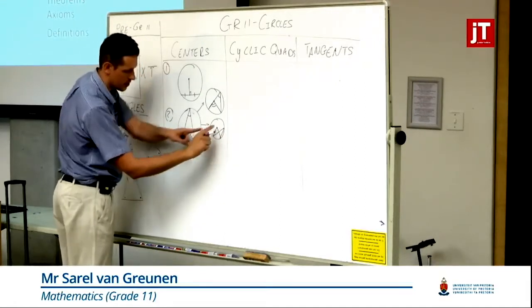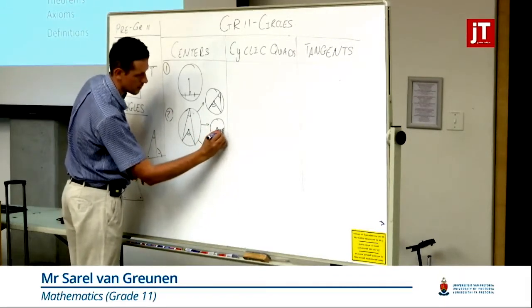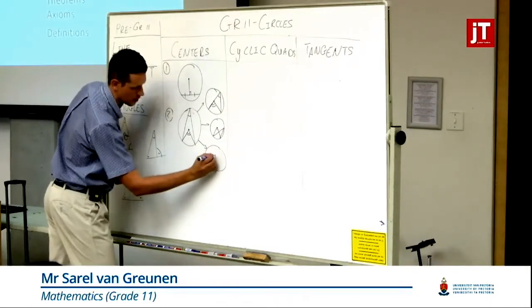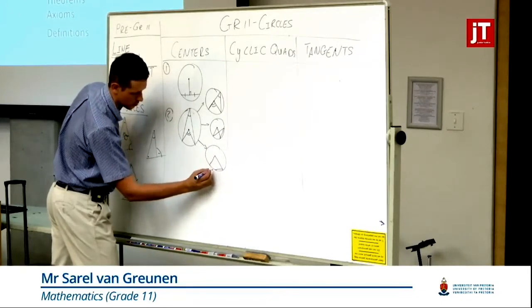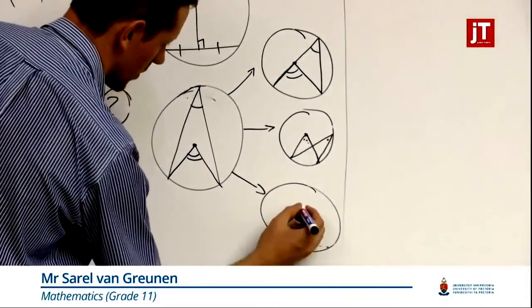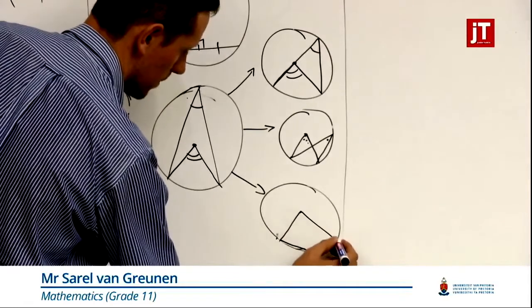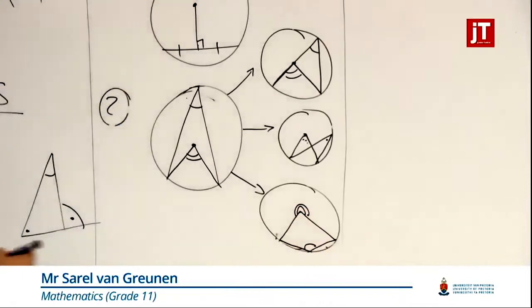The angle at the center is twice angle at circumference. The third case, they love to catch guys out. That's not nice. The angle at the center is twice angle at circumference, but it's always the one on the opposite circle segment.